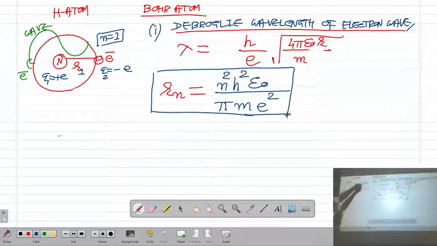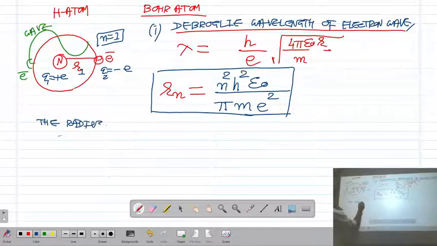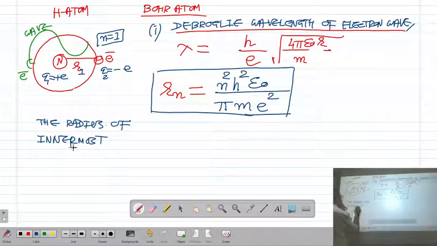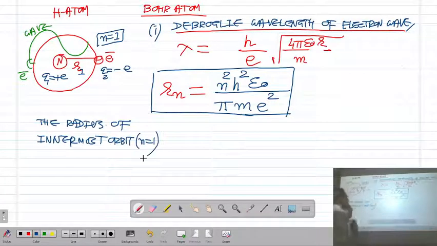Now, as I told you previously, the radius of the ground state orbit, the smallest orbit, is called the Bohr radius. We also mentioned the radius of the innermost orbit, n is equal to 1.